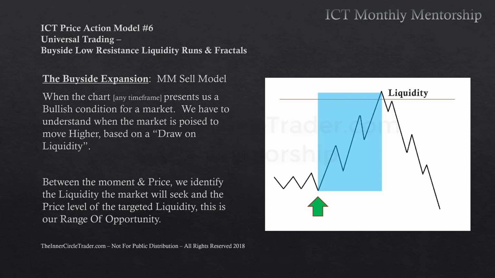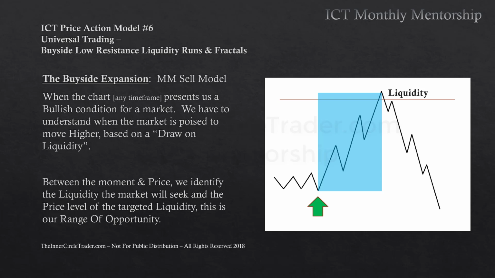Before it turns and reverses, everything to the left of the reversal point is our range. So we're trading between where we believe there's a discount array up to our targeted premium array. There may be two opportunities using the model as a market maker sell model. It doesn't have to create two, but we will look for one.